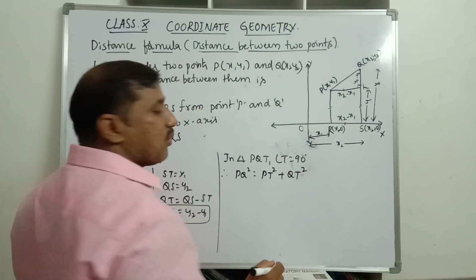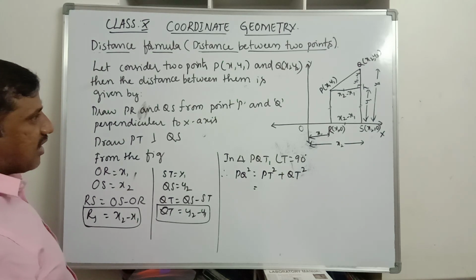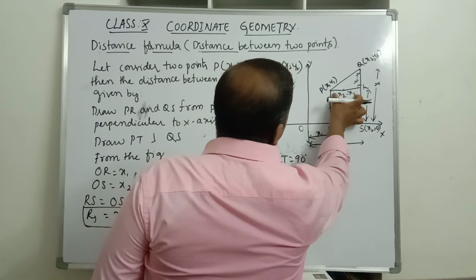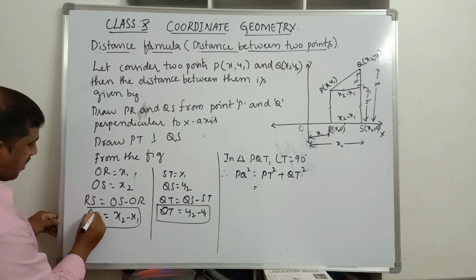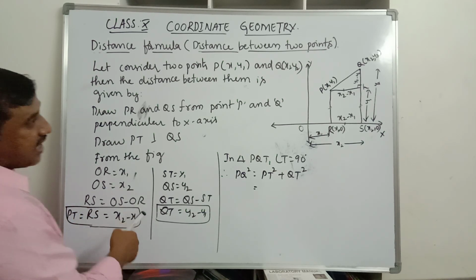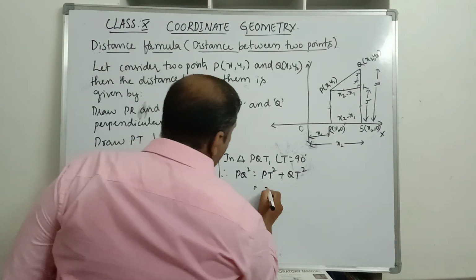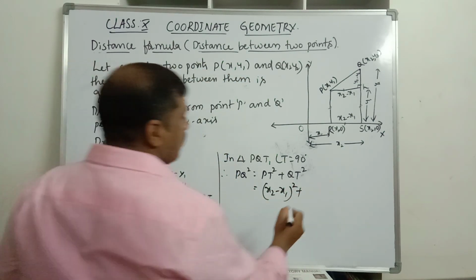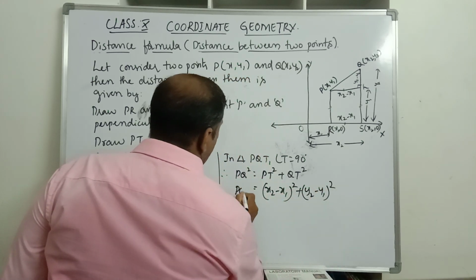PT is equal to RS, which is x2 minus x1 whole square, plus QT, which is y2 minus y1 whole square, that is PQ square.